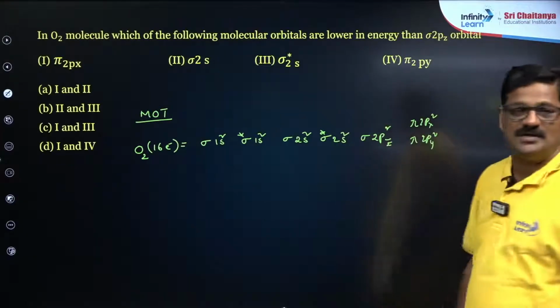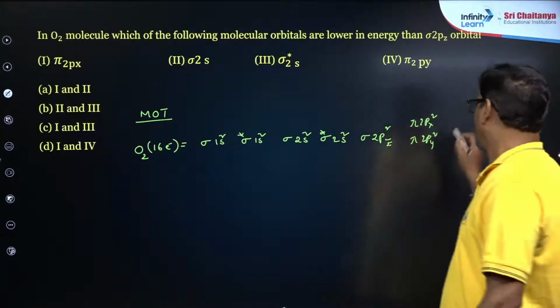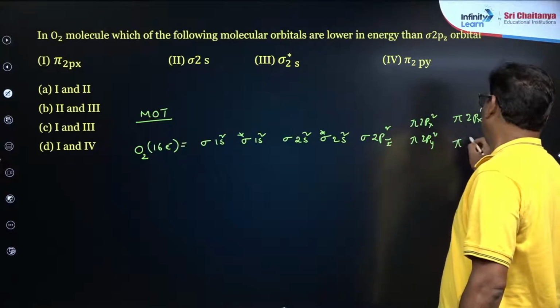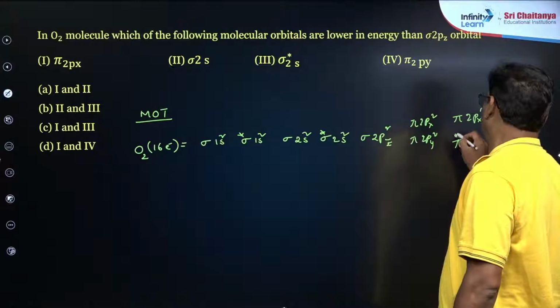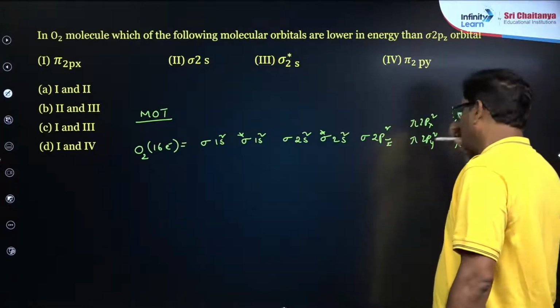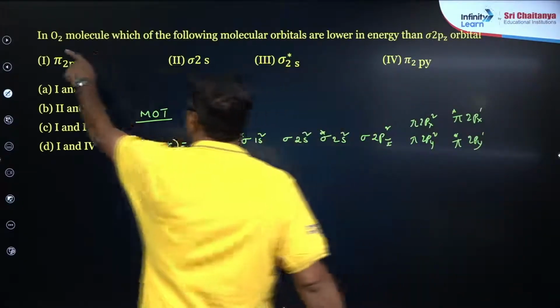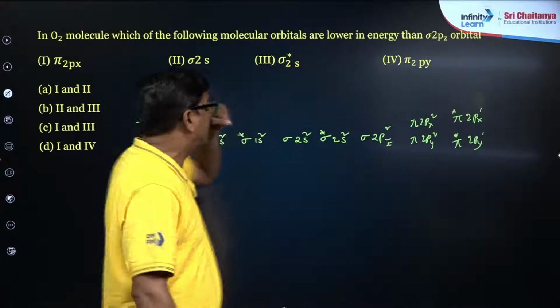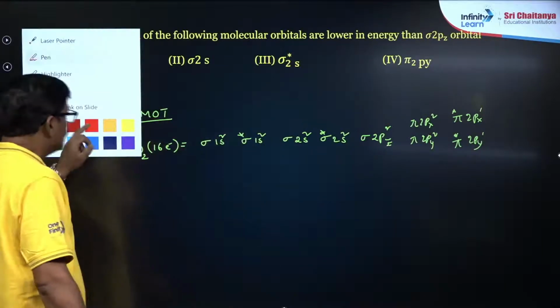These two are degenerate orbitals, and pi star 2px1, pi star 2py1. So you are going to be asked, in the O2 molecule, which of the following molecular orbitals has lower energy than 2pz?